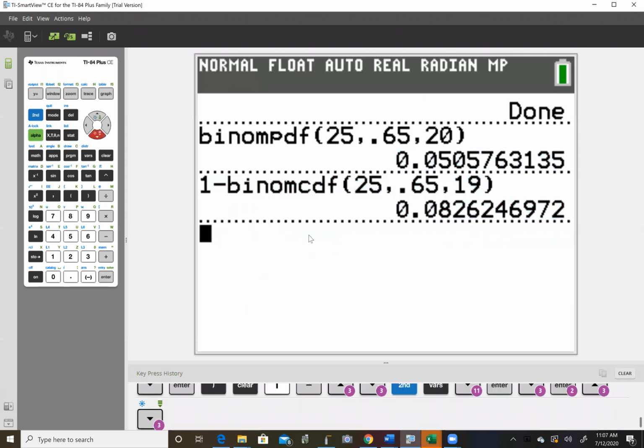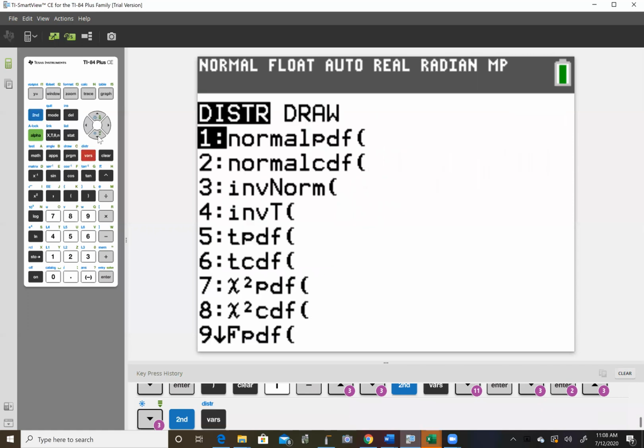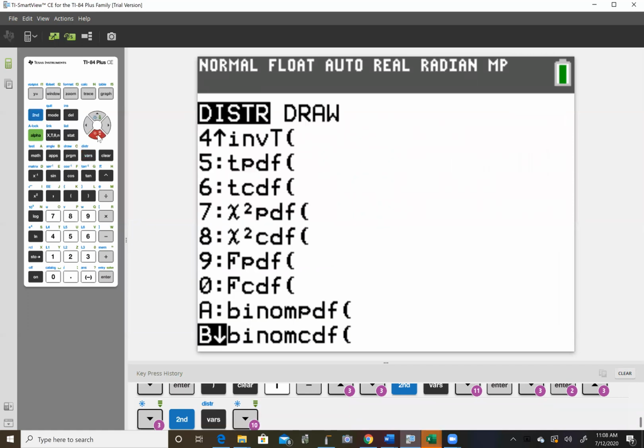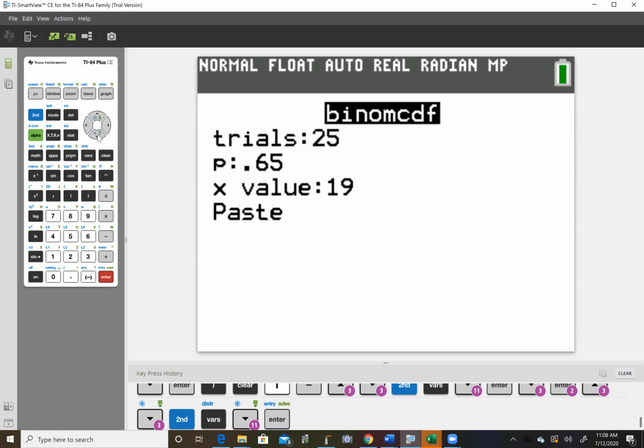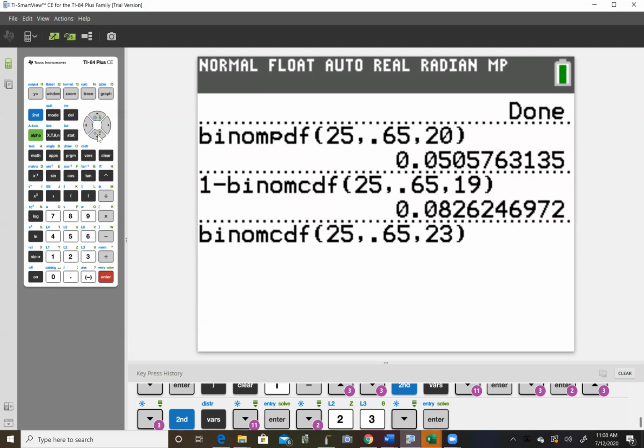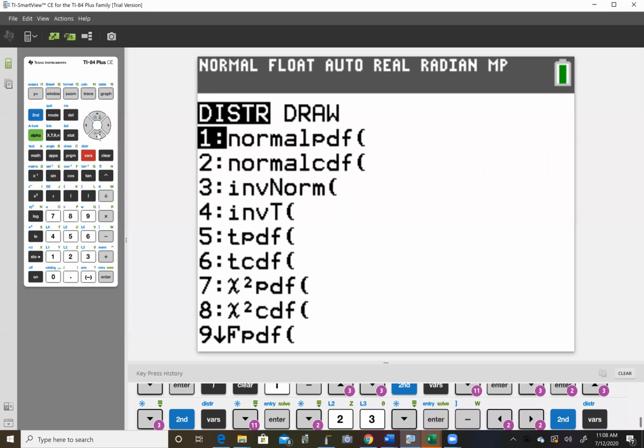Oh, I thought I could just grab it up there, but I'd have to grab the 1 too. So second var, arrow down to B. Okay, this stays the same, but the first time I'm adding up to 23, right? And then I'm subtracting.